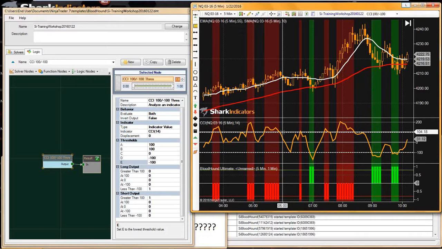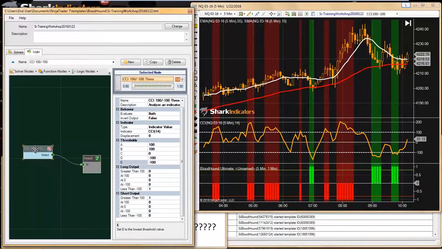The threshold level just tells you whenever your indicator is above or below those threshold values. You wouldn't consider those a distinct buy and sell signal. That's just telling you the state the indicator is in, the state that the CCI is above 100 or below negative 100.